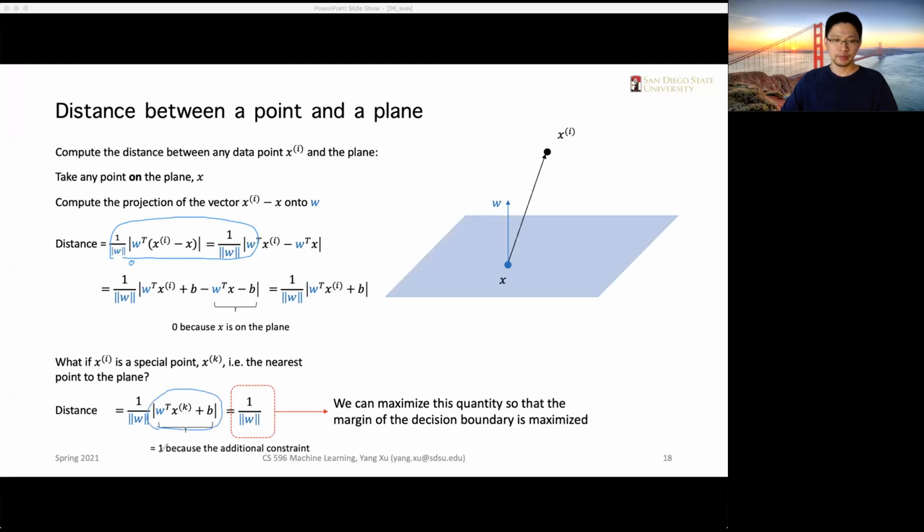This absolute value can be 1, can be 2, can be any constant that we set at the beginning, because it doesn't really matter which constant it is. If the constant is 2, then it becomes 2 over the norm of W, and maximizing 2 over the norm of W is equivalent to maximizing 1 over the norm of W. It doesn't change the nature of our objective.